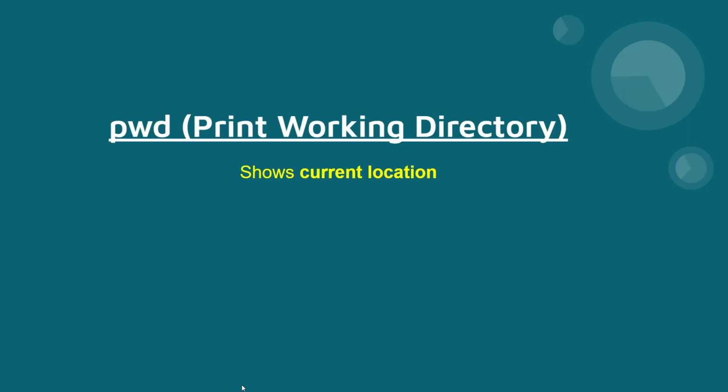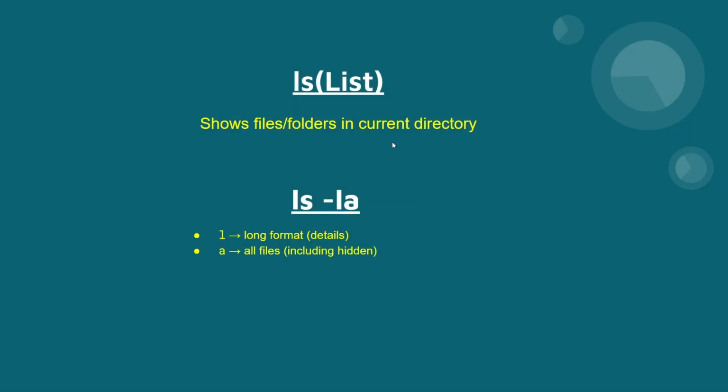Now the next command is ls, that is list. It will help us to show all the files and folders in the current directory. And what is this ls -la? This la is the option. As in the last class we have seen, the options are optional. We can give them and we can omit them also.